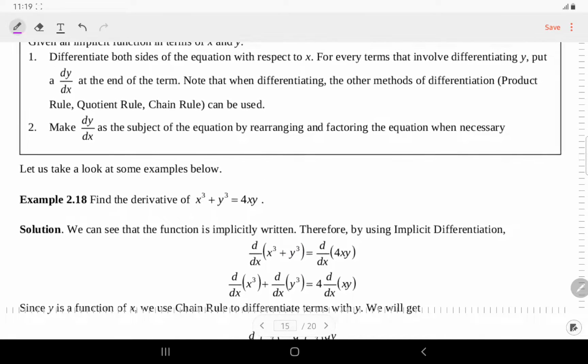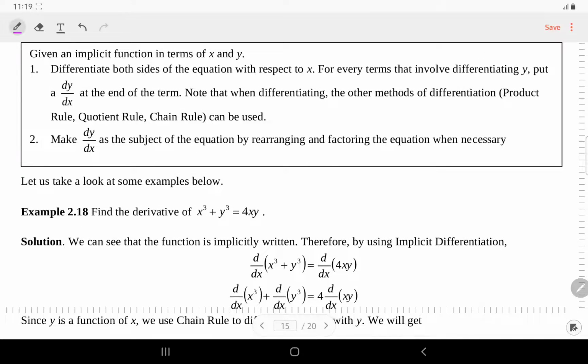According to step 1 just now, we need to differentiate both sides, all the terms on the left side and right side. If you are differentiating variable x, you can differentiate it according to what we have learned before this.